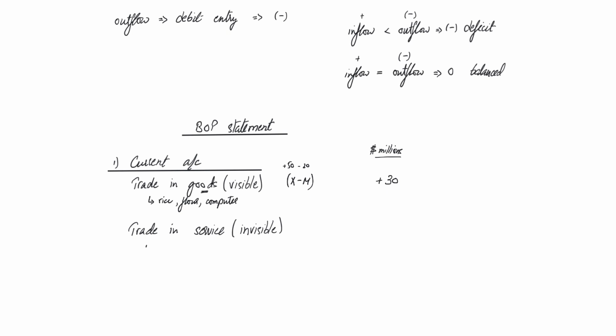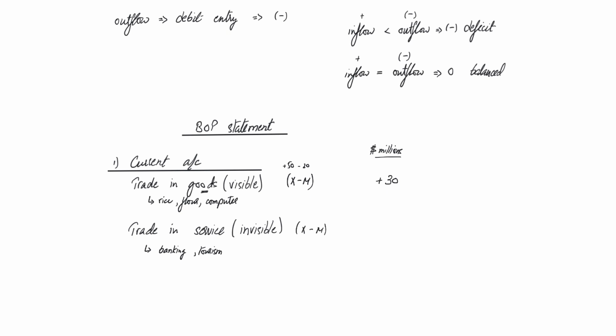And then trade in services ke andar, you can have things like the money for banking, for tourism. All right, so let's see trade in services के अंदर क्या हो रहा है. Export minus imports.